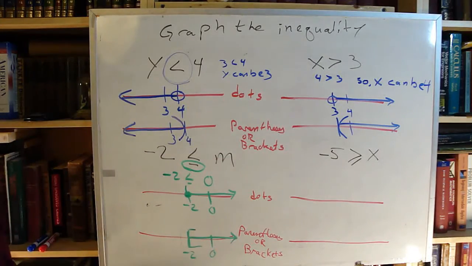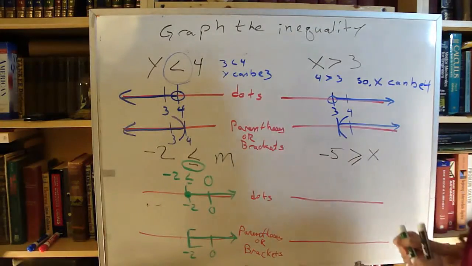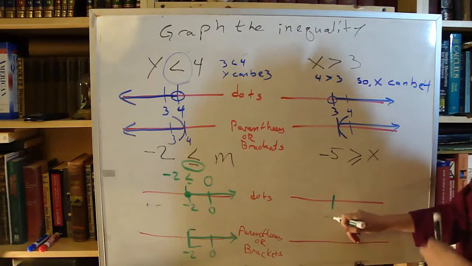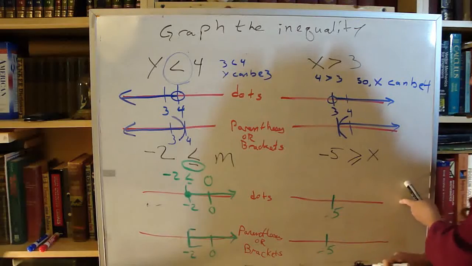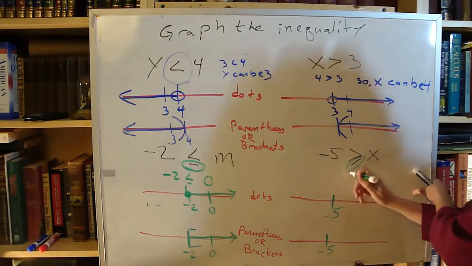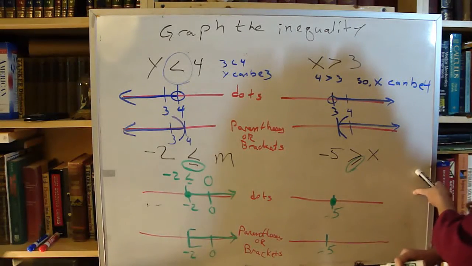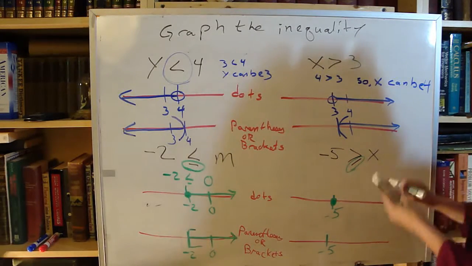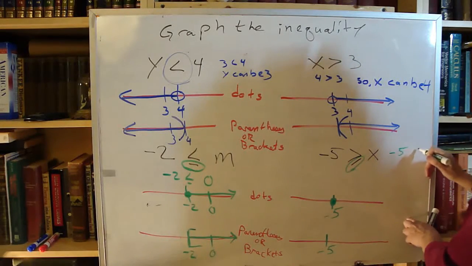-5 is greater than or equal to x. So I find my -5. I have my equal to part on it, so if I'm doing a dot, I fill in my dot. -5 is greater than x. So I think about that. I'm going to compare -5 and 0 first.